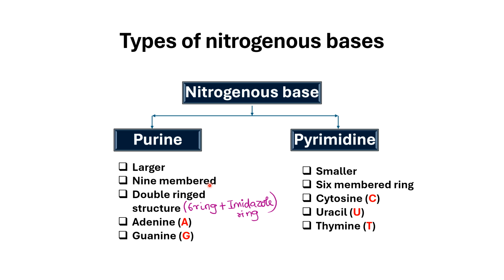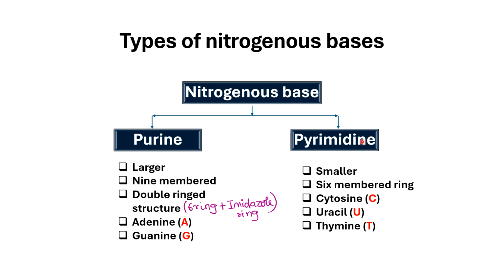This 9-membered ring structure further consists of one 6-ring structure which is structurally similar to pyrimidine and an imidazole ring structure. Both the 6-ring structure and the imidazole ring structure are fused to each other. Examples of purine are adenine and guanine.